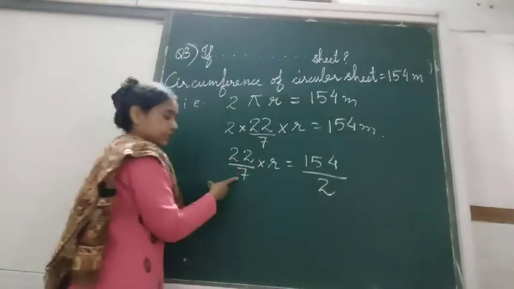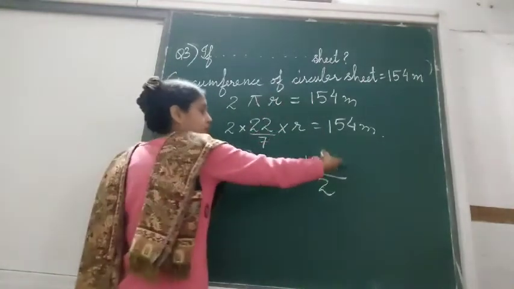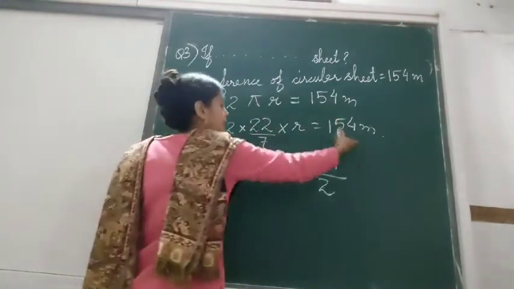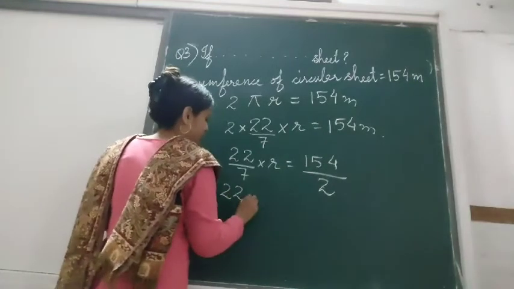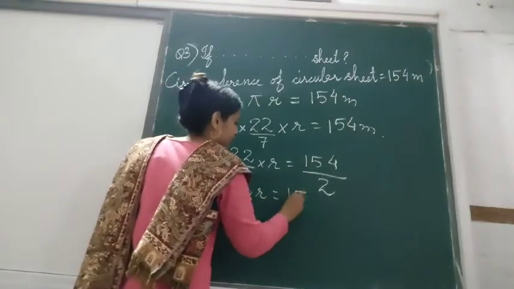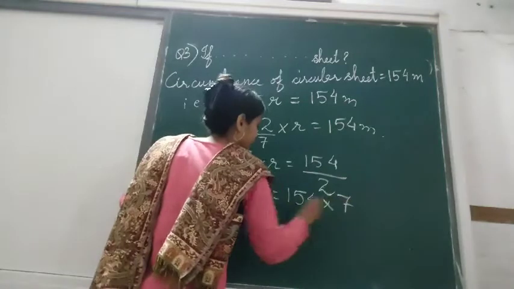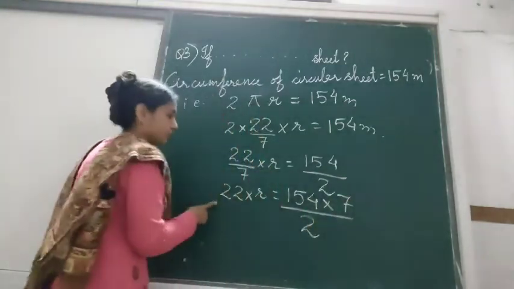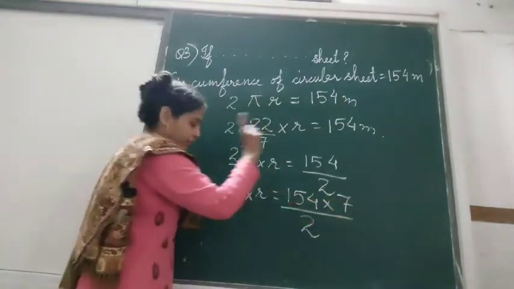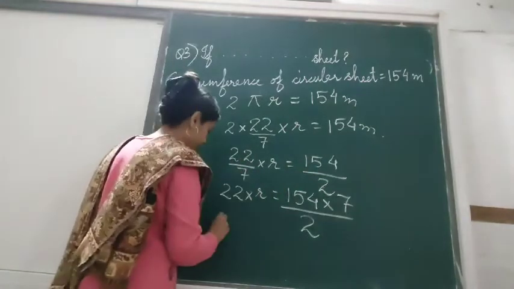Now we shift this 7 to the RHS. It's in division, so it becomes multiplication. Now we shift this 22 to the RHS. It's in multiplication, so it becomes division.